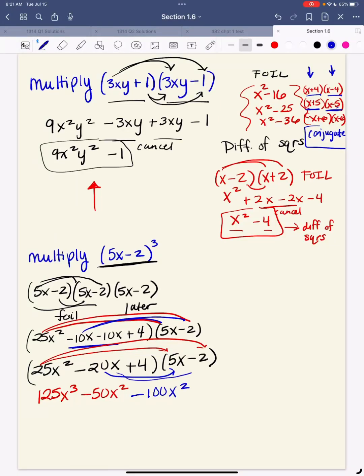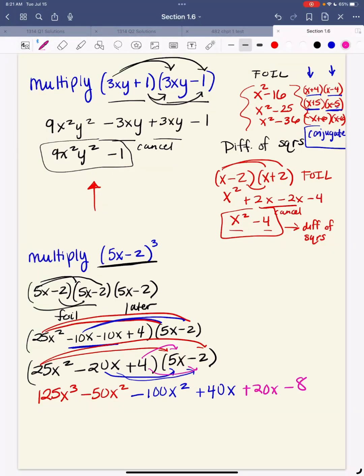Now minus 20x times minus 2 is 40x. The minus minus made it plus. Now I have 4 times 5x, which is going to give me a 20x. And 4 times minus 2 is minus 8.